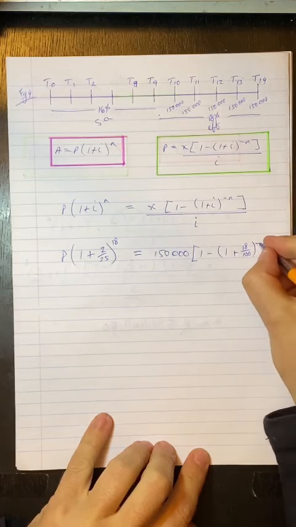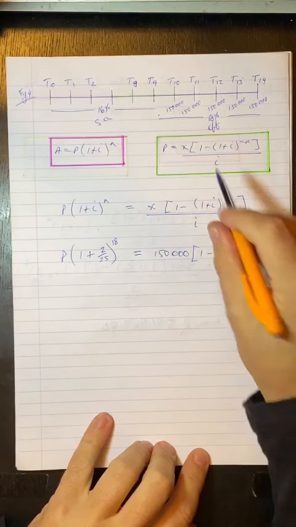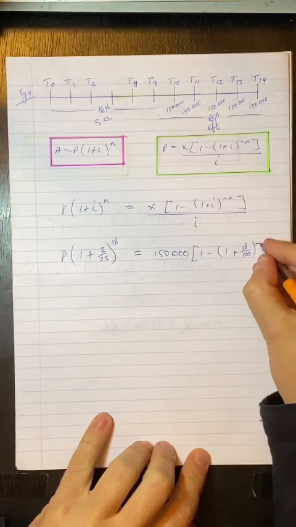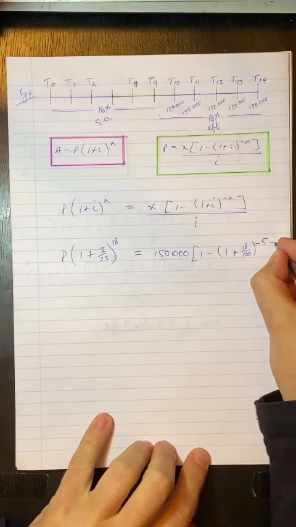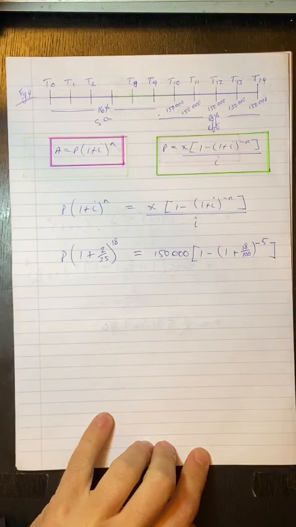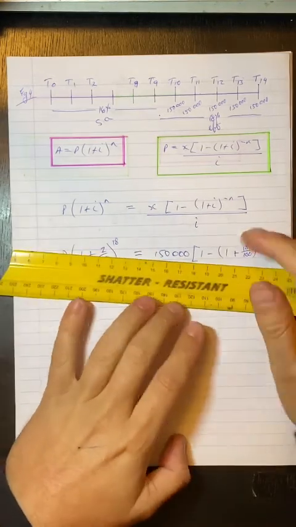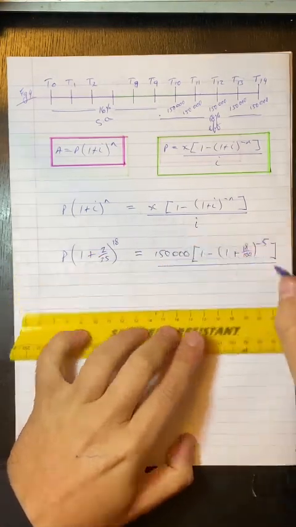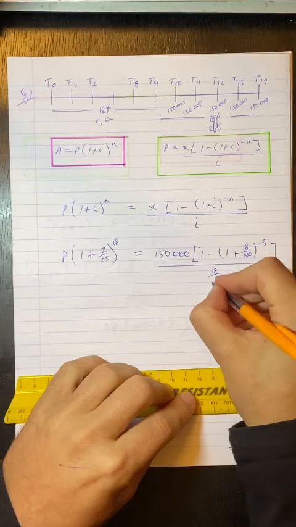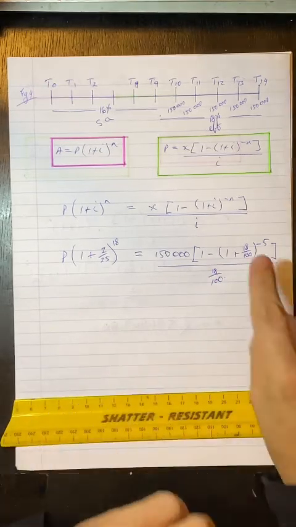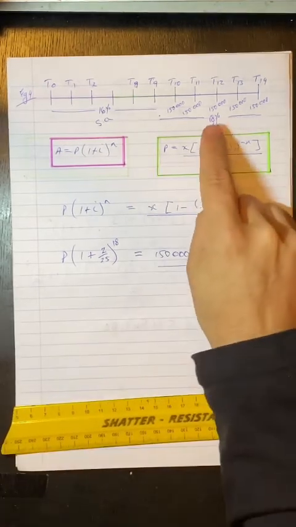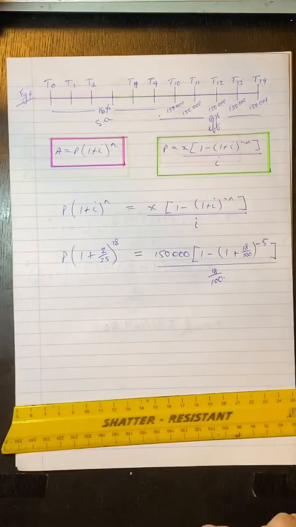Okay? To the power of minus. Now, how long is this going on for? It's going on for 5 years. All over our effective rate, which is 18 over 100. Okay, so grade 12, just take note of that. If they give you an effective rate, you do not have to convert it.